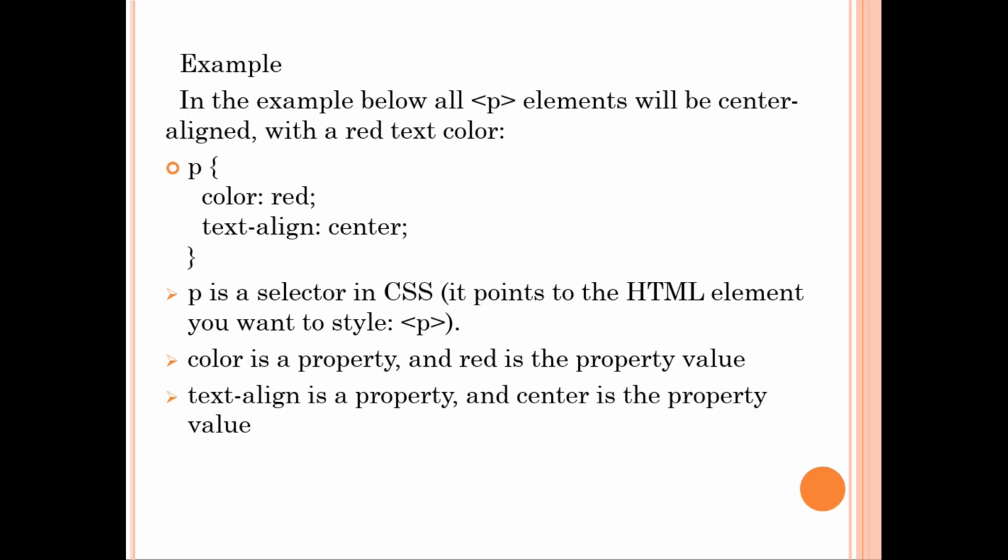Now take another example. We have a p tag, used for paragraph. Same as before, selector, curly brackets, and the p will work with the color red and the text alignment center.